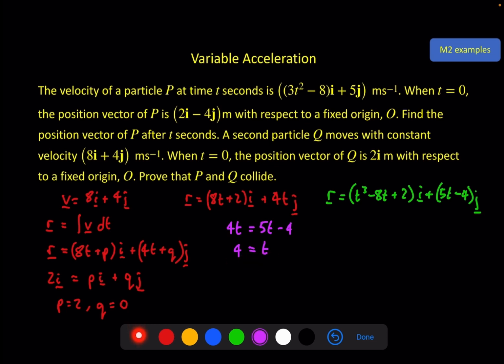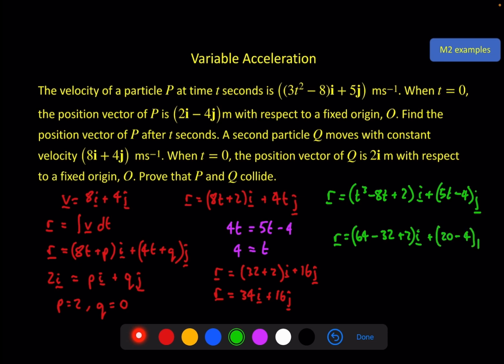So putting t is equal to 4 back into those equations, we get r is equal to (32 plus 2)i plus 16j, which is 34i plus 16j for particle q. For particle p, we get r is equal to (64 minus 32 plus 2)i plus (20 minus 4)j.